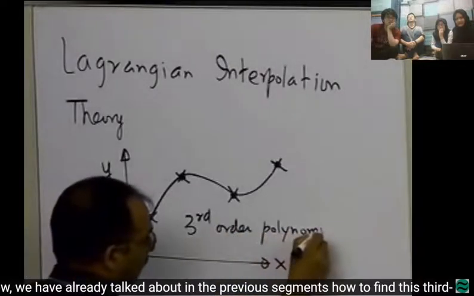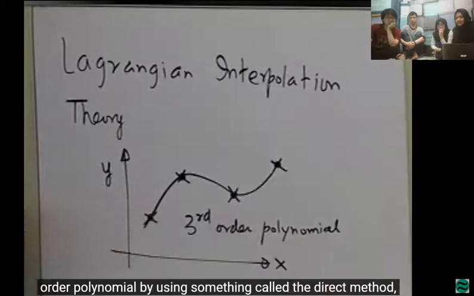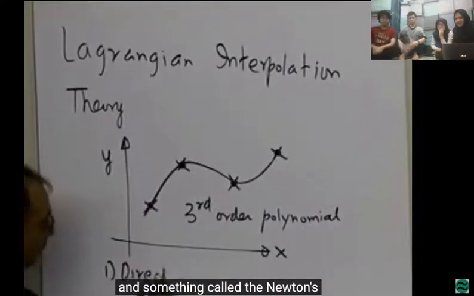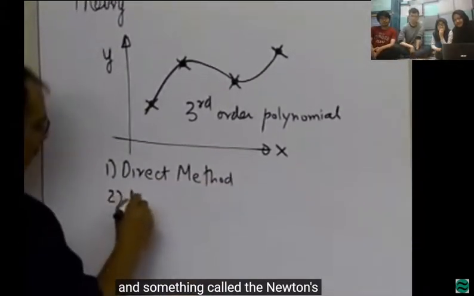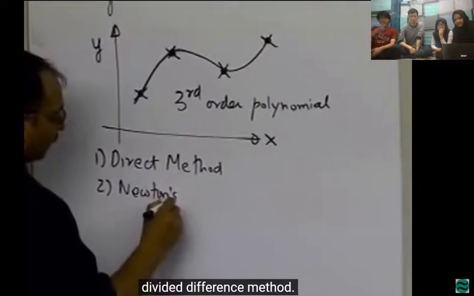Now, we have already talked about in the previous segments how to find this third order polynomial by using something called the direct method and something called the Newton's divided difference method.